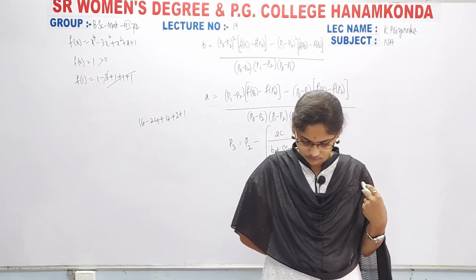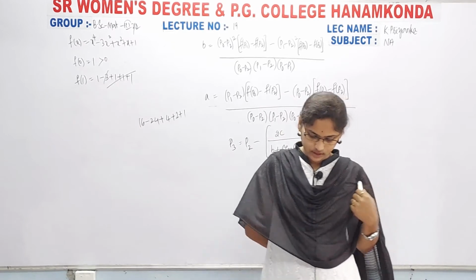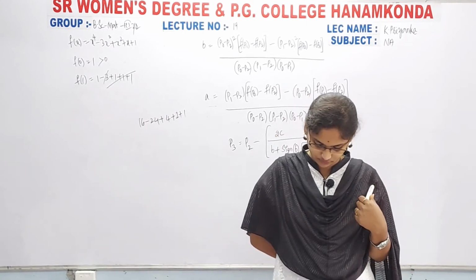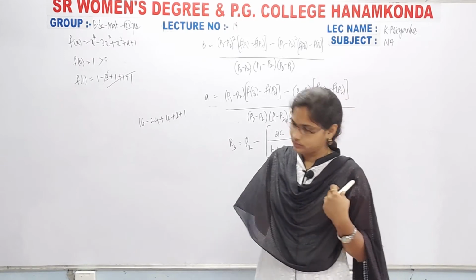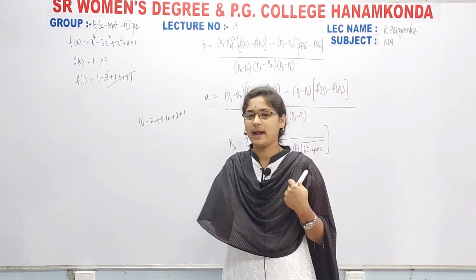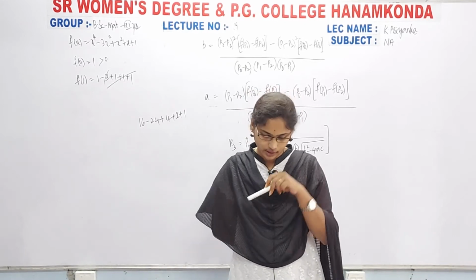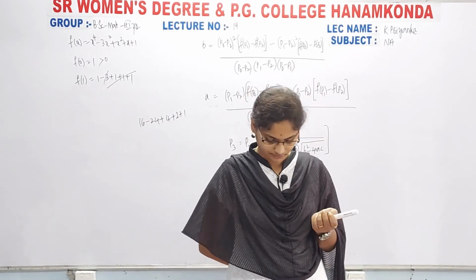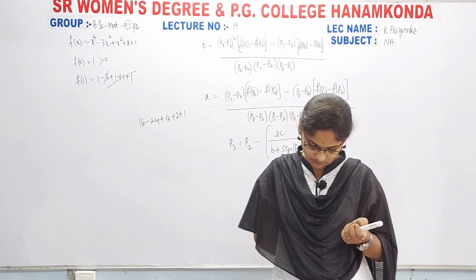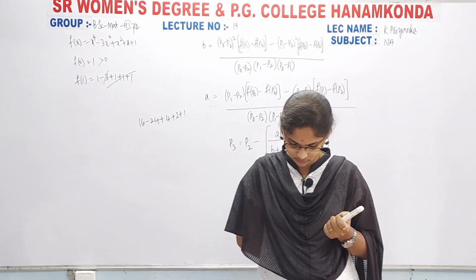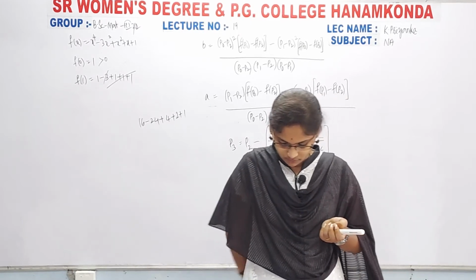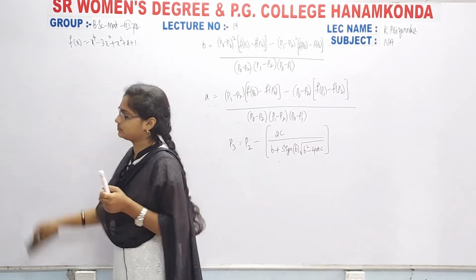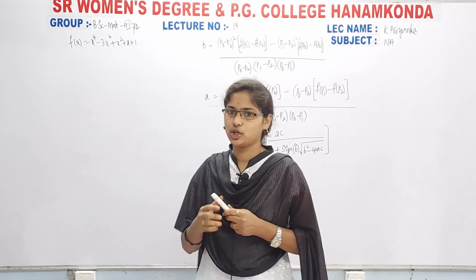By taking x equal to 0 and x equal to 1, we'll get that f of x is equal to 1. Then the interval is 0 comma 1.